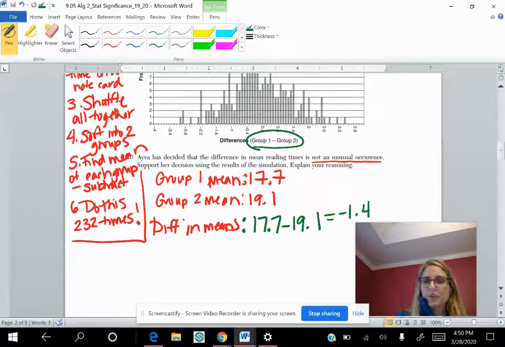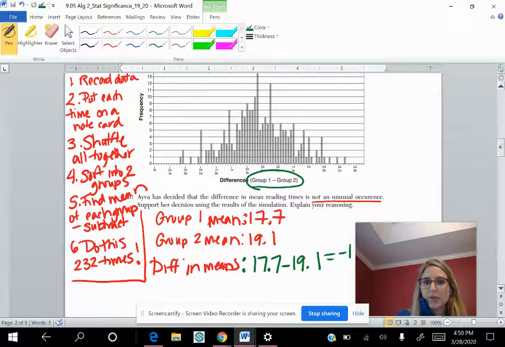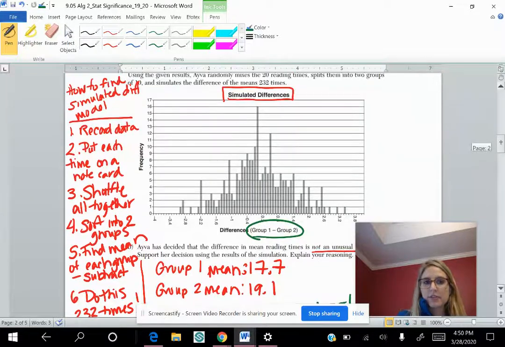Okay, so now we did this whole process. So now we would do this to get this graph right here. We would write all our data on these note cards, shuffle them all together, sort them into two groups, find the mean of each group, subtract them, plot it on our graph. Then we do it again. Well, we already wrote them on the note cards.